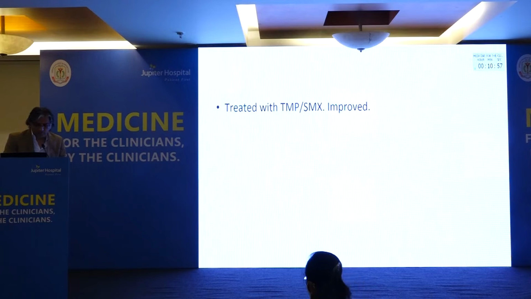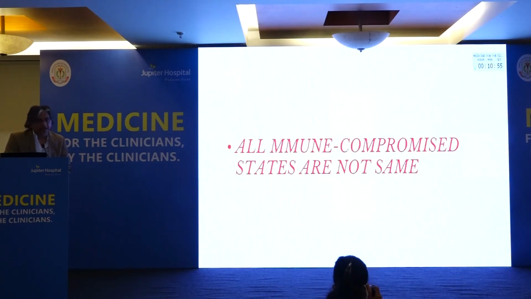So these are two broad ways of things, and this is where the most important thing is, all immune compromised states are not the same, right? So the first patient had a myeloid leukemia and had a febrile neutropenia, which is a very dangerous condition, whereas the second patient did not even have fever. She was seropositive with low CD4, that is why she got the PCP, and she had a lung infection, but she did not have fever.